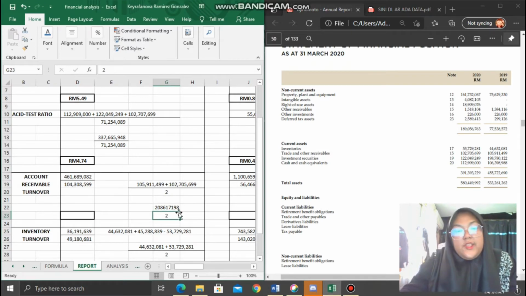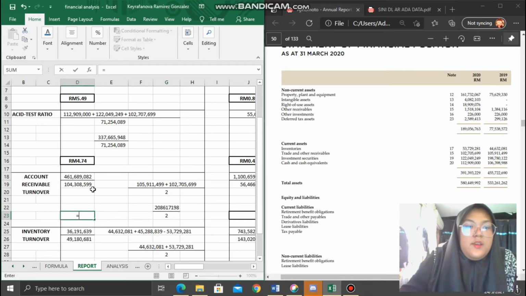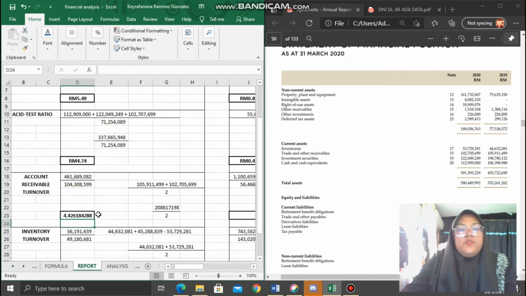I have already pre-calculated everything. Now what we have to do is divide the net sale by the average account receivable, and we get the account receivable turnover for Ajinomoto Malaysia Berhad.